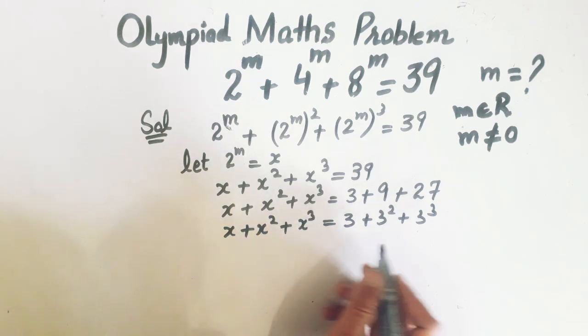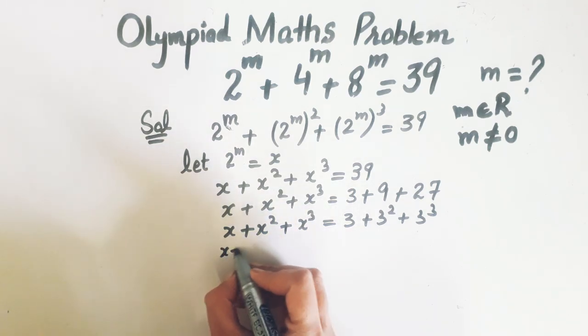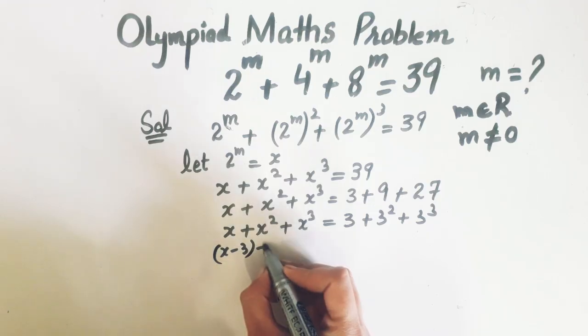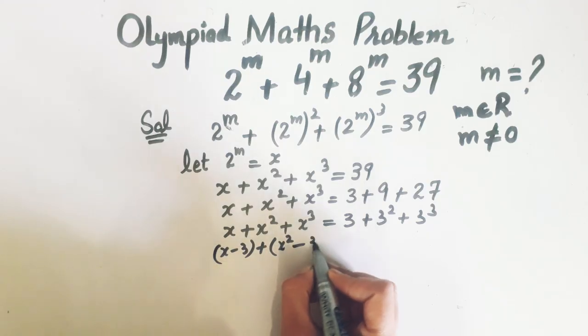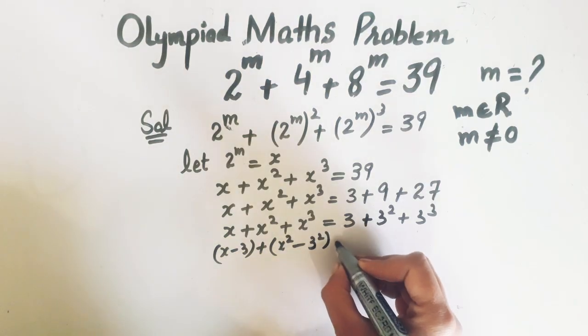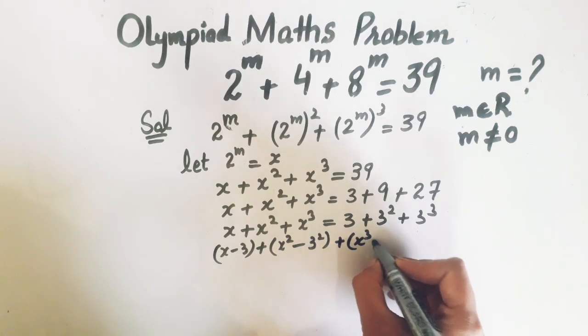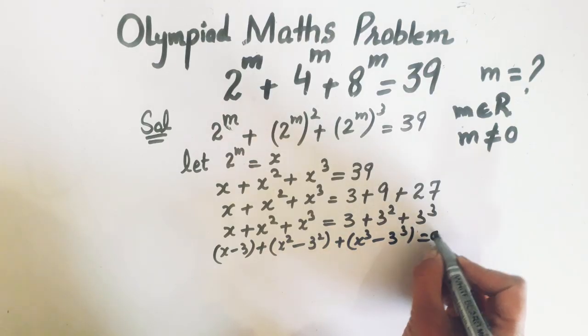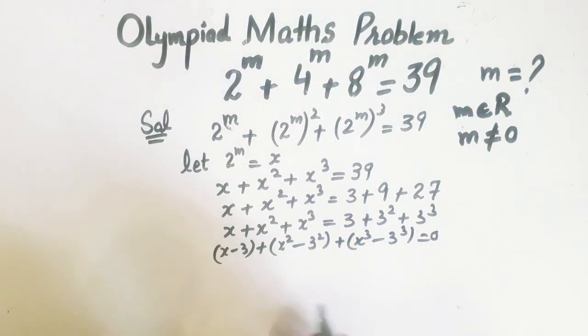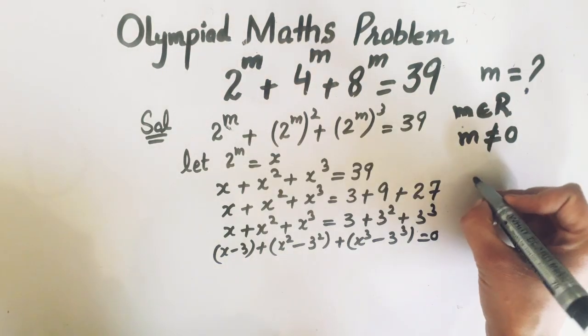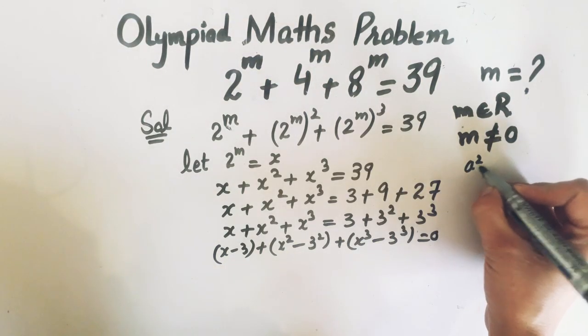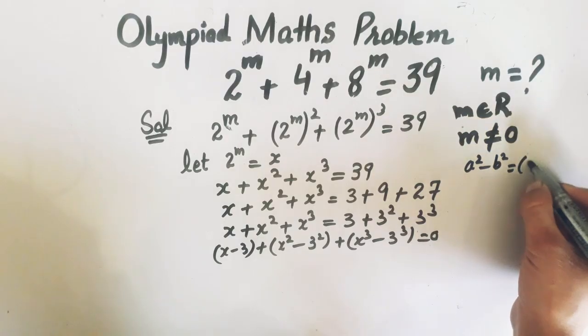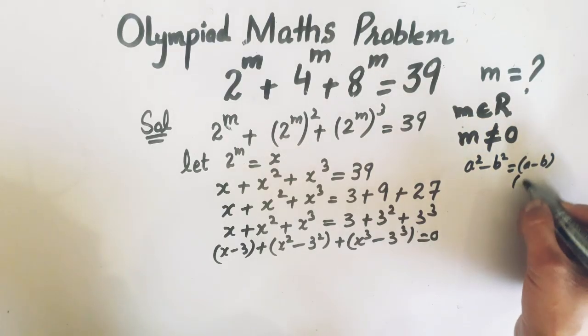Now we will make the pairing of this as, first of all, x minus 3, then x squared minus 3 squared, then x cubed minus 3 cubed equals 0. We have to use this methodology to solve this further. Here we will apply some basic formulas. According to that, a squared minus b squared equals a minus b into a plus b.